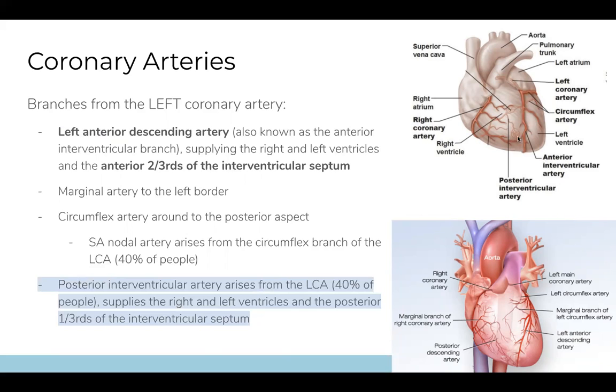If it's inferior, the right coronary artery comes down and supplies the inferior side, so an inferior heart attack is likely an occlusion of your right coronary artery. Anterior, it's probably occlusion of the LAD. And if it's lateral, it's probably going to be your circumflex artery because it goes around that side.